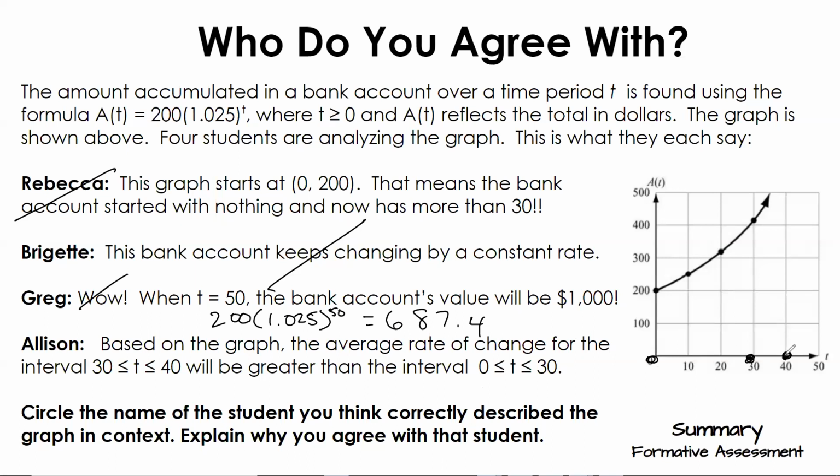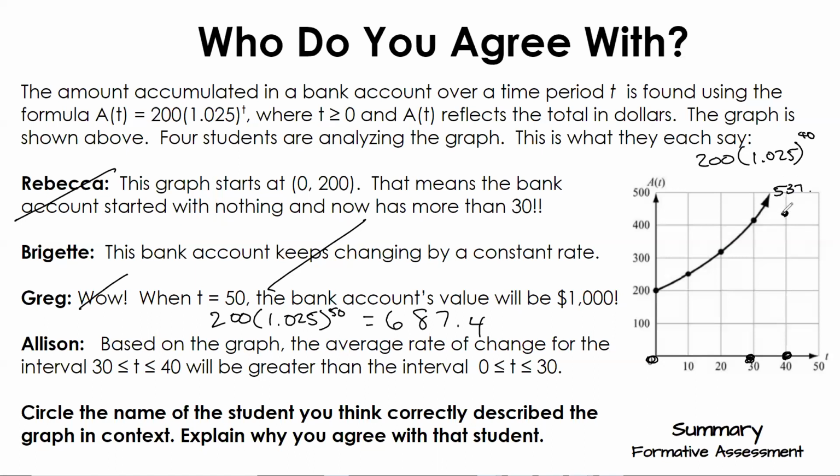I need to know first, what is the y value for when x is 40? If I took 40 and plugged it into this equation, what would you get? 537.